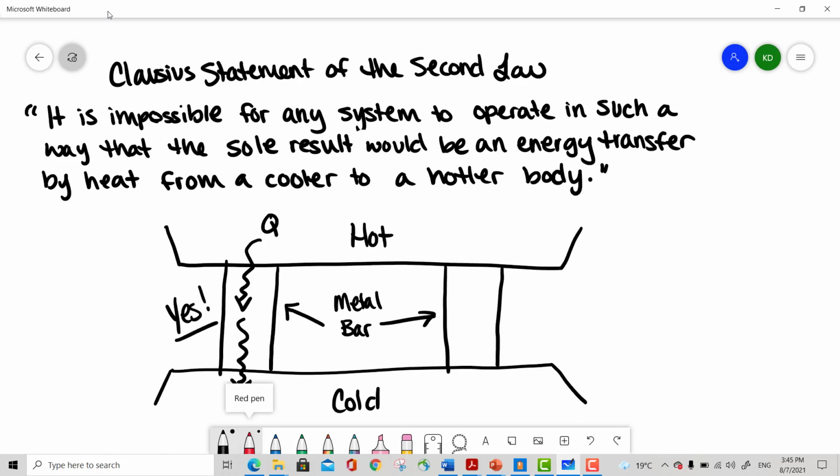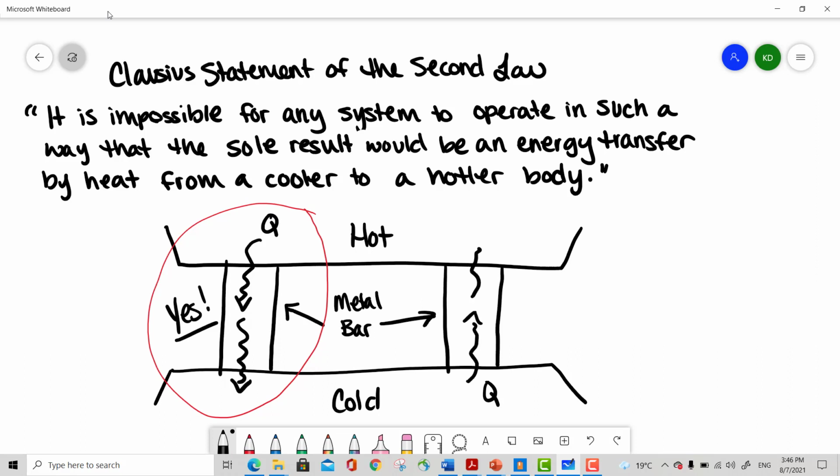Yes, we can do this. This is great. But right here, we have a heat transfer going from cold to hot. We cannot do this. No.